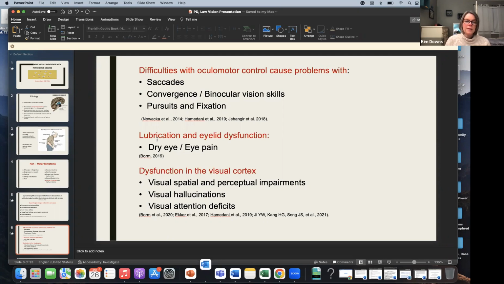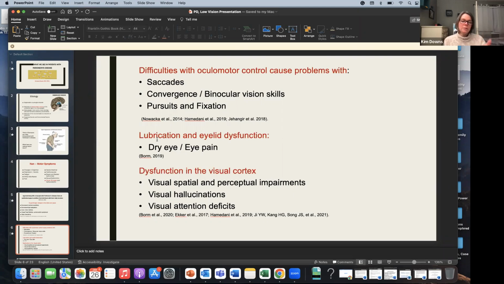Another thing that can happen is decreased eye lubrication, usually due to eyelid dysfunction. What happens is you have a decreased blink rate, which causes the eyes to dry out. You can also have blepharospasm, which is more of a clenching of the eyelids.